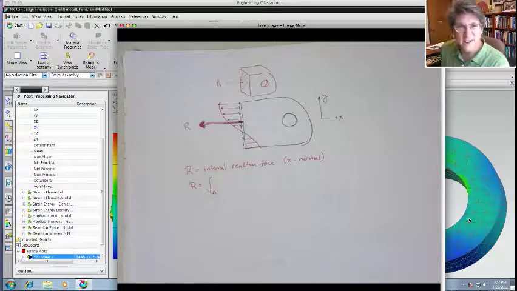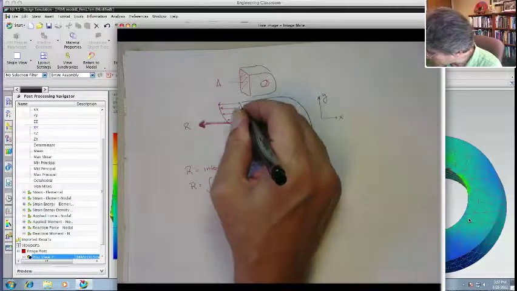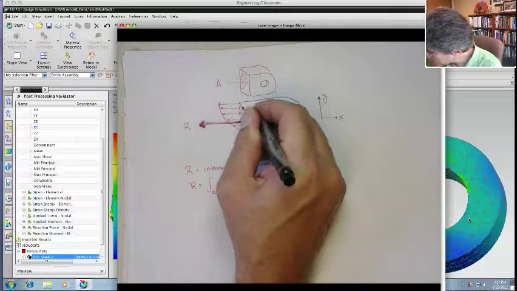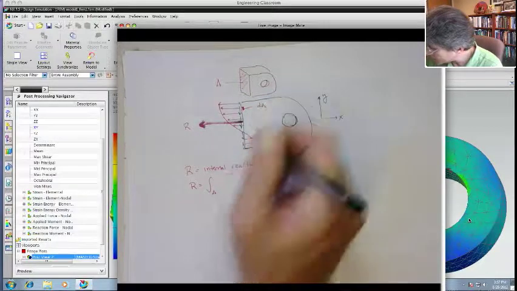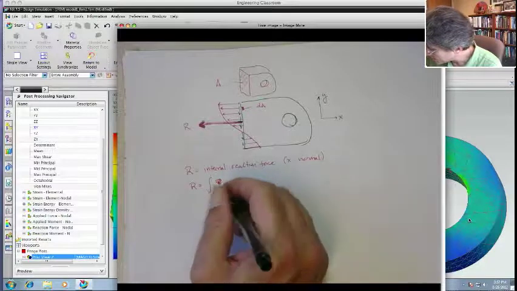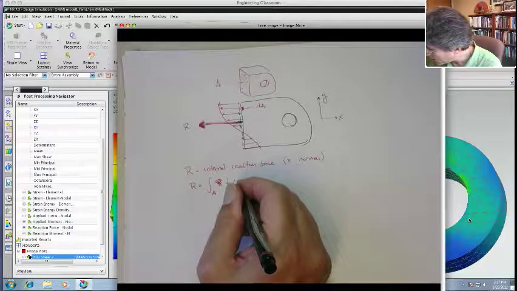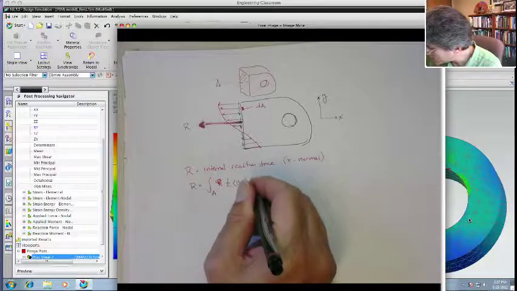Okay, I'm going to call that the area. All right? And this is a little differential area. And so it's just the integral of t of y and z.